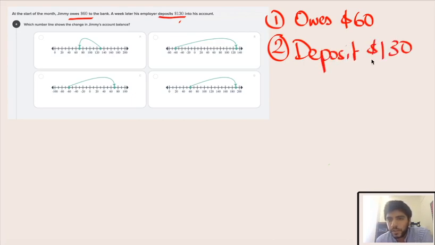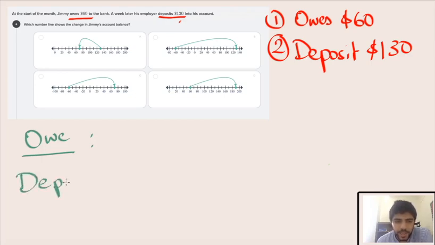There are two words here that we don't know. The first is owes, the second is deposit. So what do they mean? What does it mean to owe? And how do we translate that to math? And what does it mean to deposit? And how do we translate that to math?